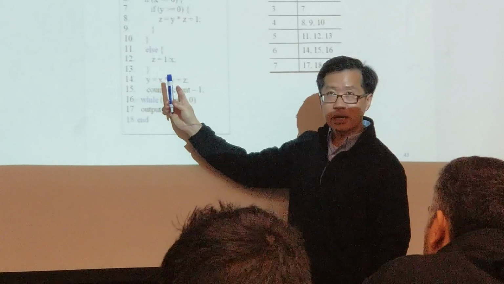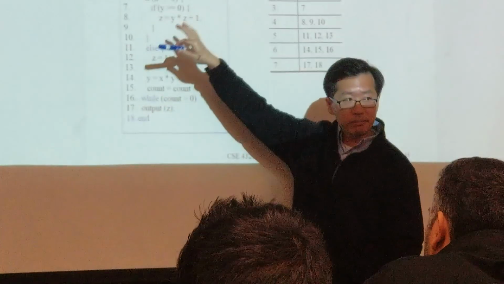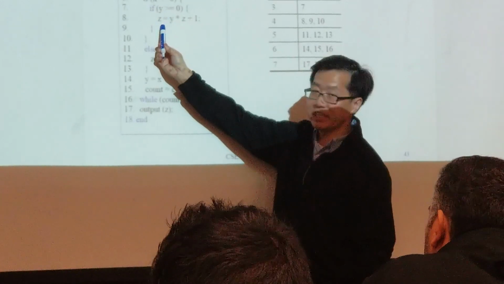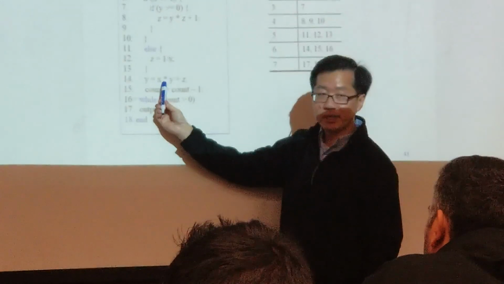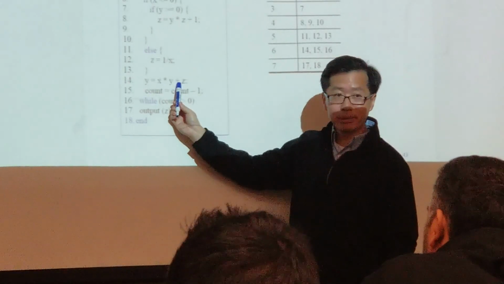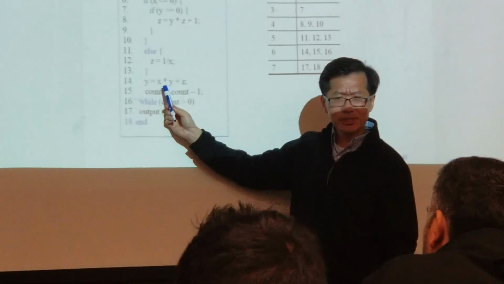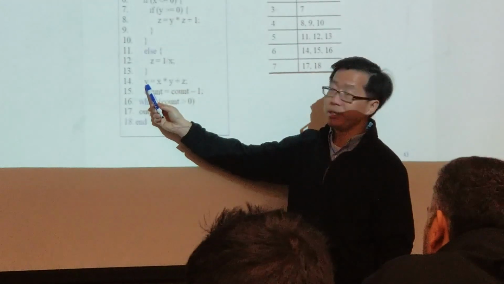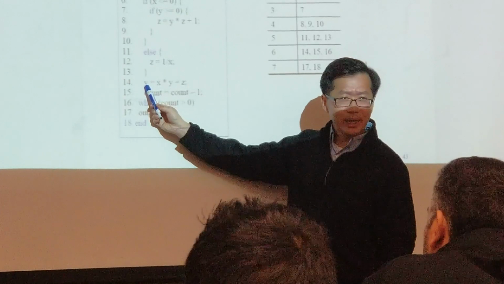So let's think about running the same test case on the correct program. It's -1, 1 over here, Z is 1, so we come here and execute statement 14. It's X plus 1 plus Z, so -1 plus 1 plus Z. Y is 0.